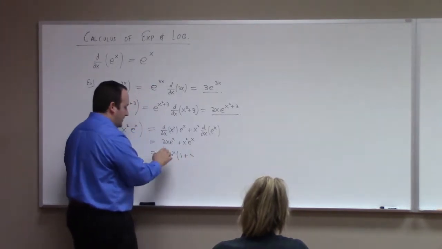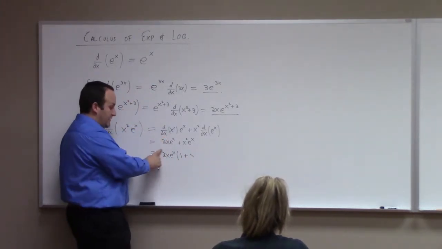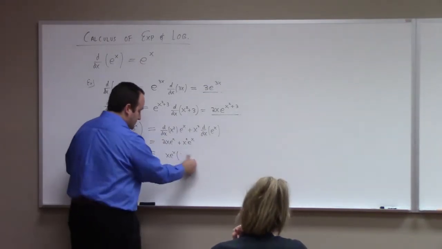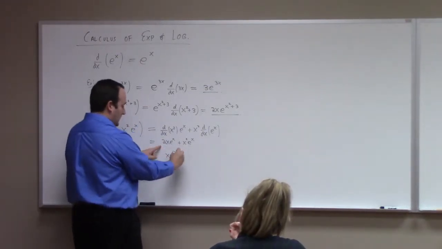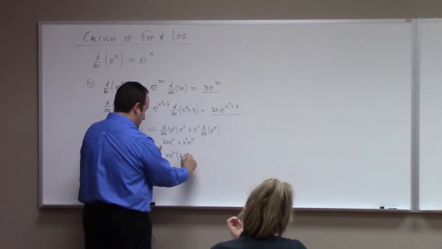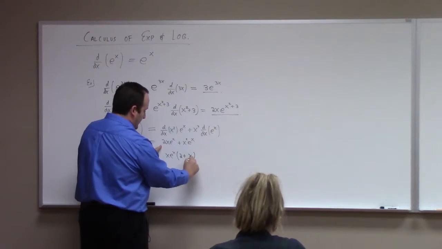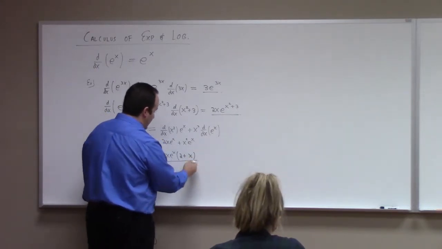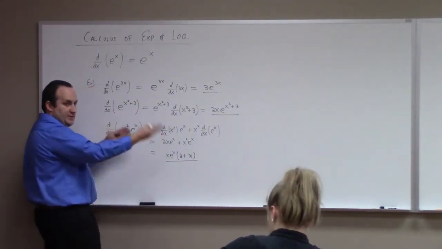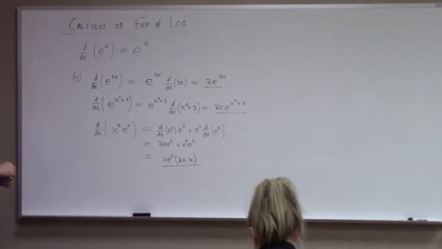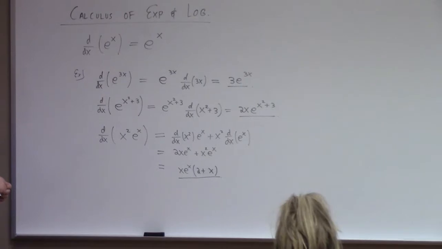Let me not factor out the 2. Is that okay? Then what happens? 2 plus x. Right now, you're like, well, how are you sure that's right? It's very simple. If we're right, when we multiply this out, we get back to where we started, right? If you can't multiply out your factoring, then you factored wrong.